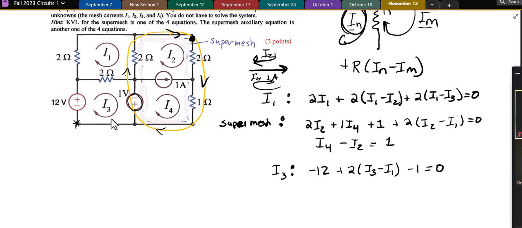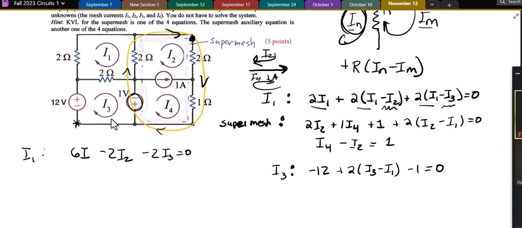And now I will simplify each of these equations. For the first, I have 2I1 plus 2I1 plus 2I1 is 6I1, and then I have minus 2I2 and minus 2I3 equals 0.